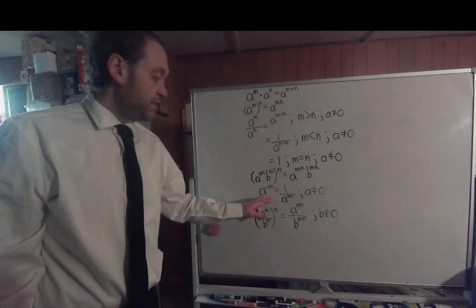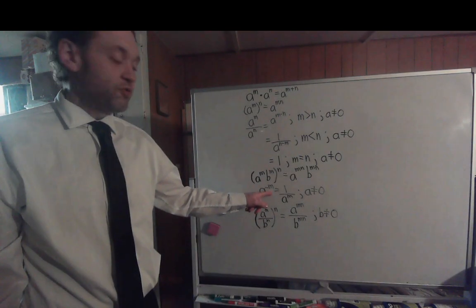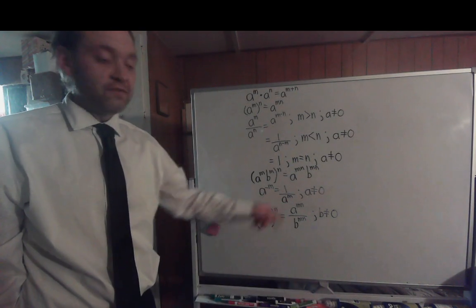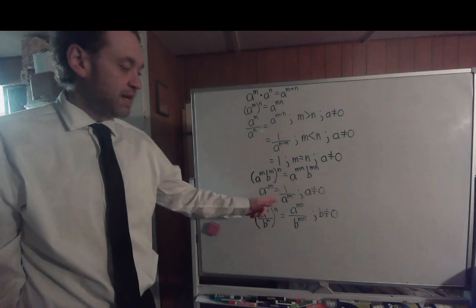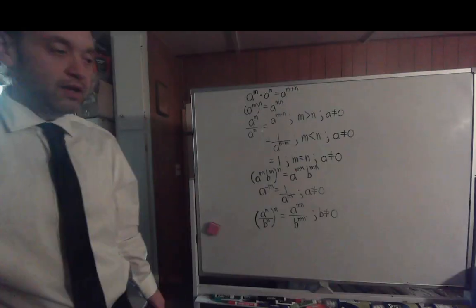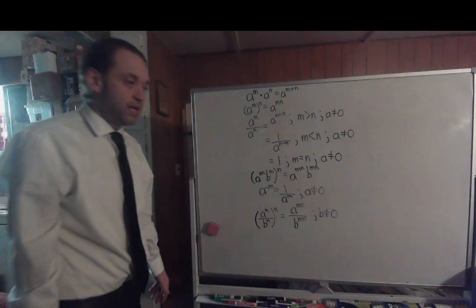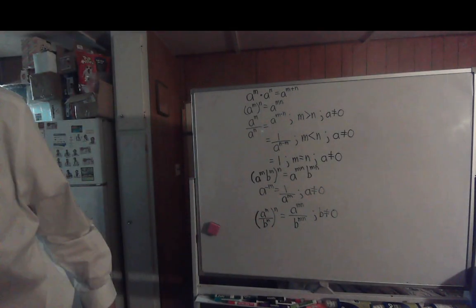And then if you have a base to a negative exponent, remember that's just 1 divided by that base to the positive exponent. You would just literally take that base and make the exponent positive in the denominator. And again, that base can't equal 0 because you would end up getting a 0 in the denominator, which is undefined.